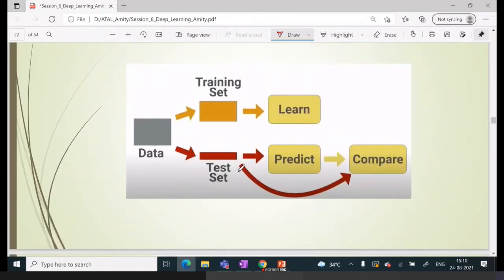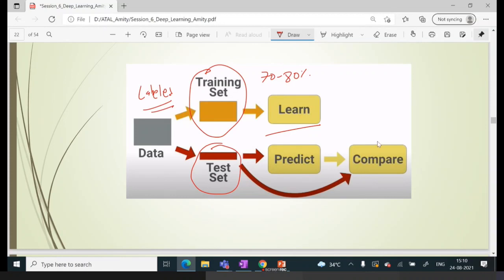So like I mentioned, generally with the available data, roughly 70 to 80% of the data we will use for training, and we will learn, and the remaining data we are going to use exactly once. Since the data is labeled, since this is supervised learning, we already know its correct answers. It's like the answer key is already ready with you.